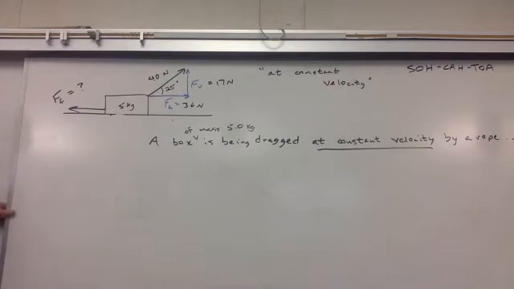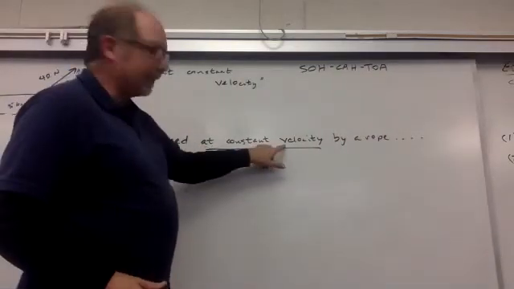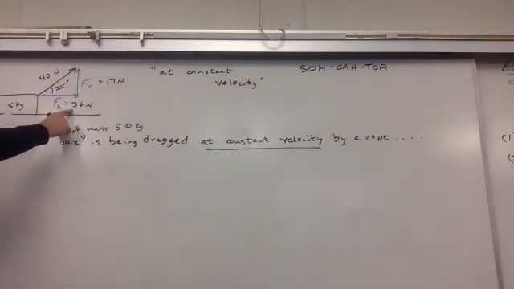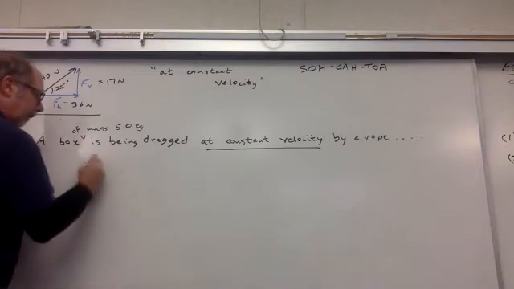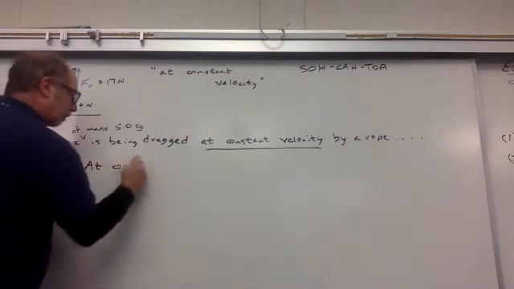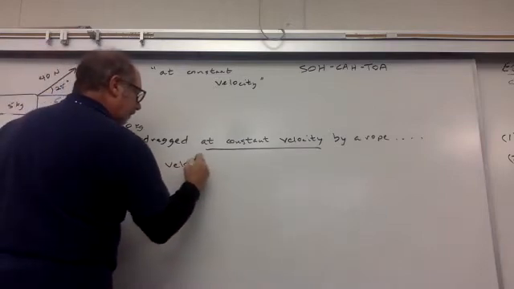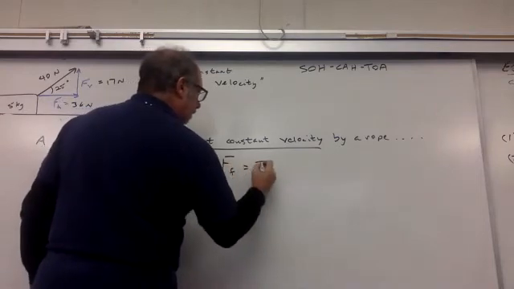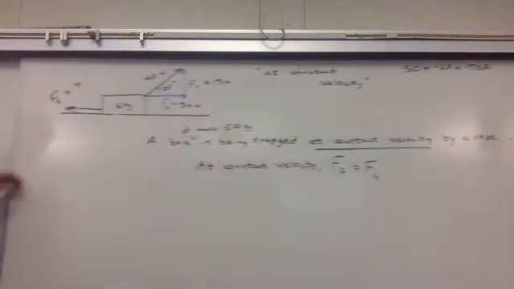What I'm getting at here is that when it's at constant velocity, the forces match. At constant velocity, the friction force is going to be the same as force horizontal.